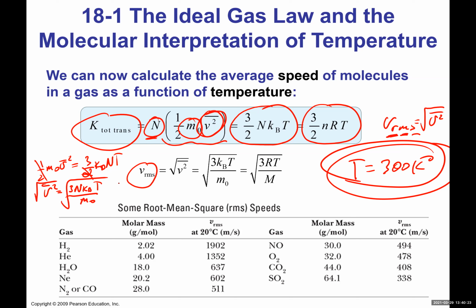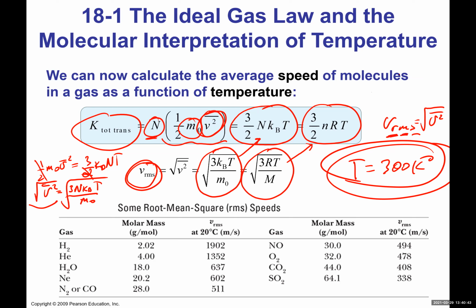The square root of v average squared on the left side is what we call RMS speed. So we have two equations for RMS speed, one using that equation, and another one using this equation.